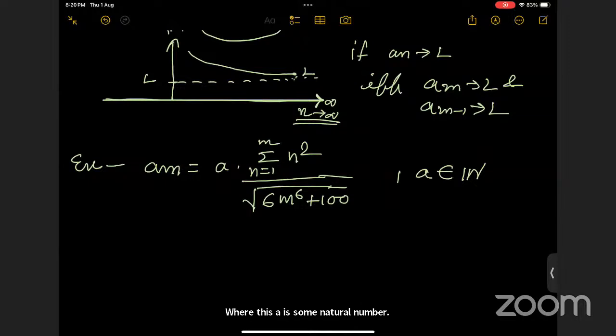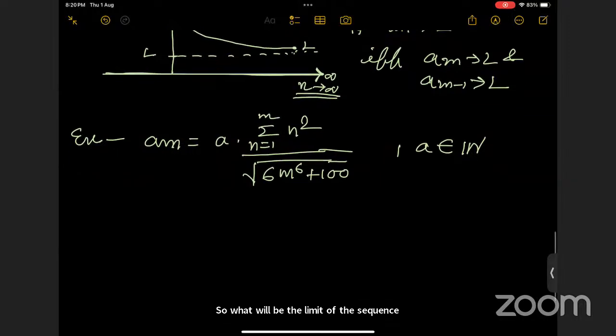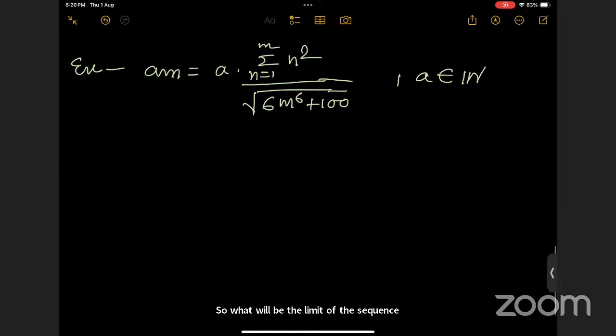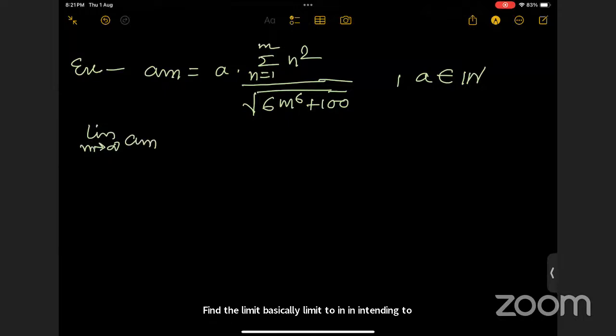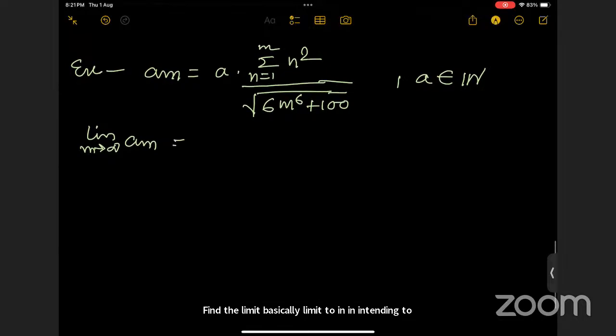So what will be the limit of this sequence? Take your time to solve it and write your answer in the chat box. We have to find the limit, basically the limit as n tends to infinity of a_n. We have to find the limiting value of this function.